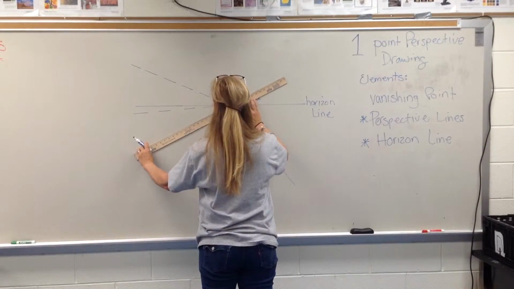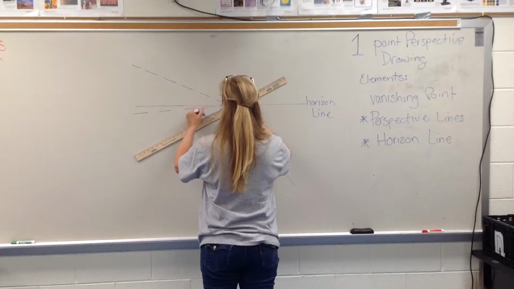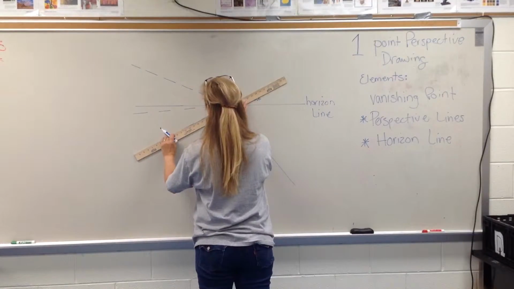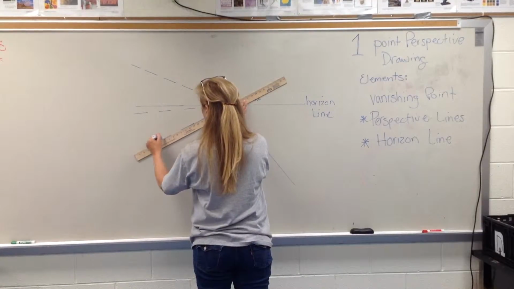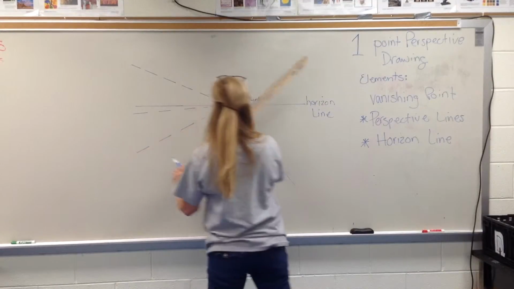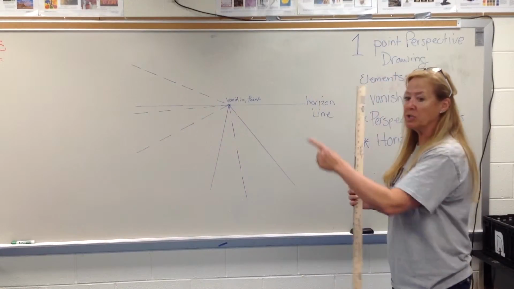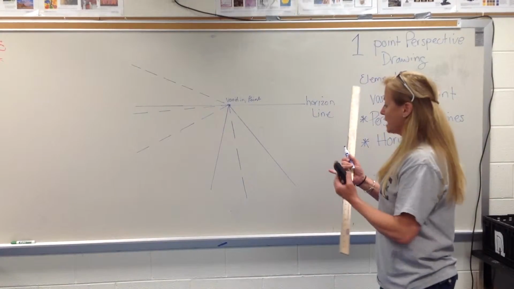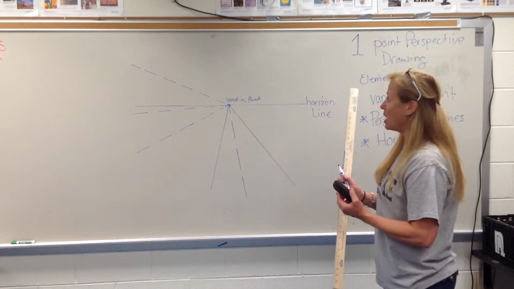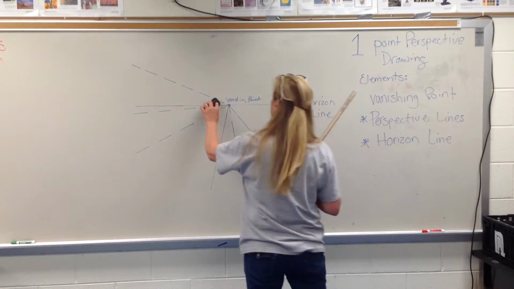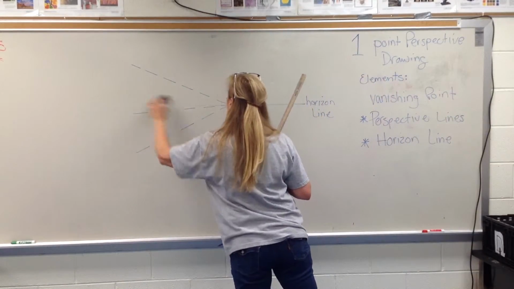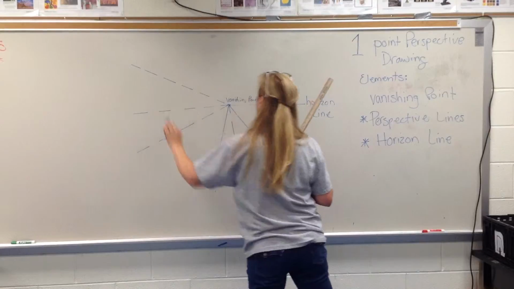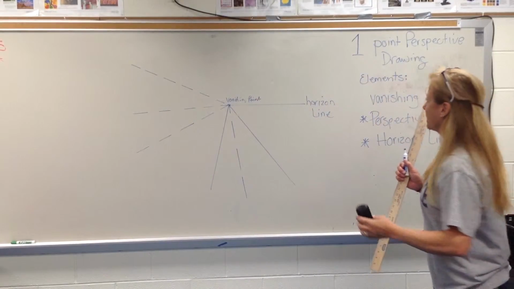And you're going to make three dashed perspective lines. There you go. And I want you to do this. This is going to help you, because on your final drawing, you need to have a road, a sidewalk, and a row of trees. Okay, get rid of our horizon line over here so it makes it less confusing.